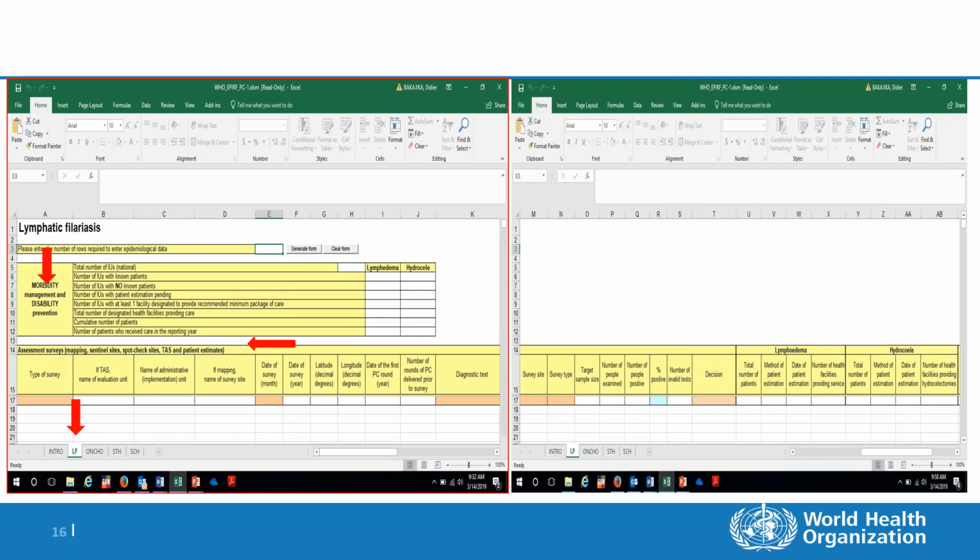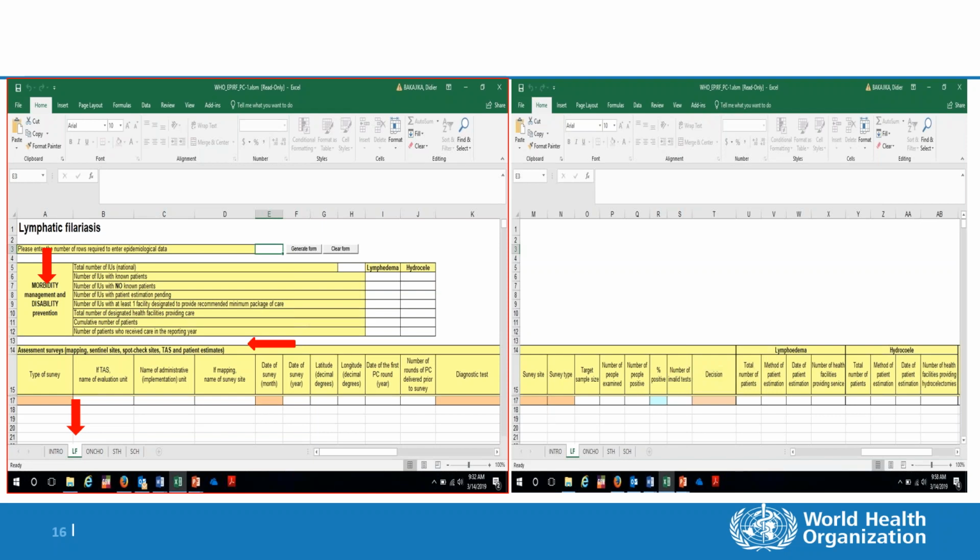The first arrow is where we need to put all the cumulative data of the patients, the number of IUs with the number of patients, and we look at the last row, which is the number of patients who receive care in the reporting year. It's the last one that changed only.